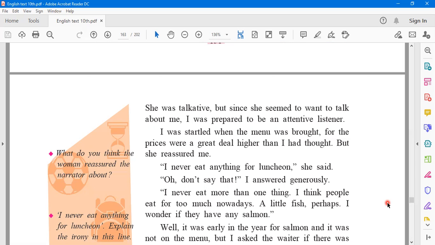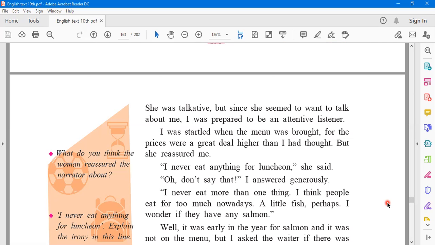Because the writer could not afford much, and he was startled by the cost of the different items on the menu. But after making the writer believe that she wasn't going to eat anything much, this lady friend of his ordered all the expensive dishes available on the menu, one after the other.